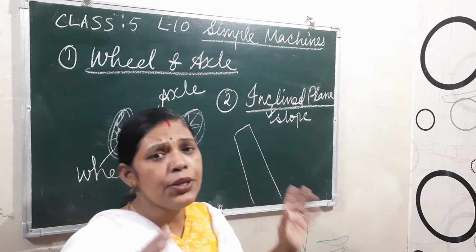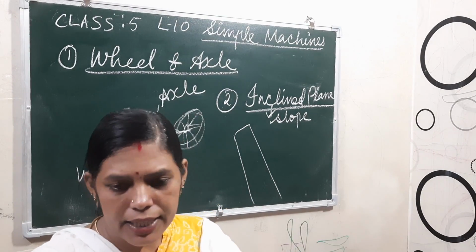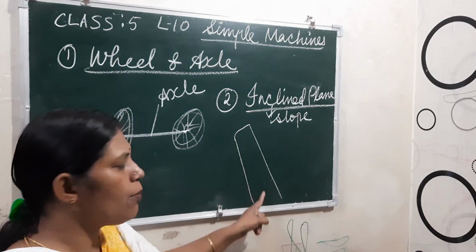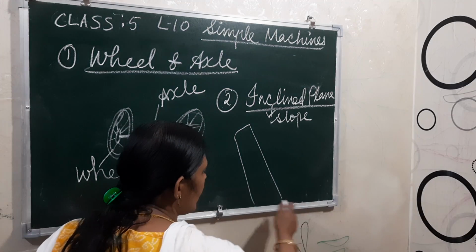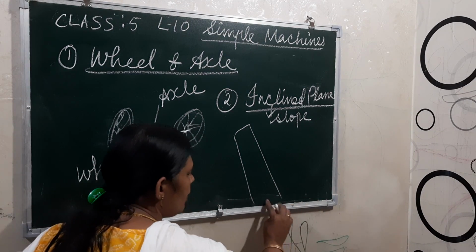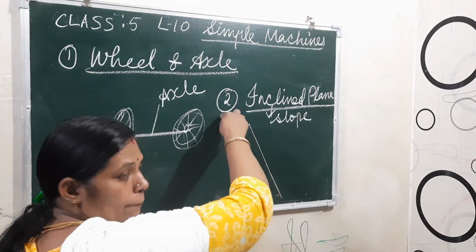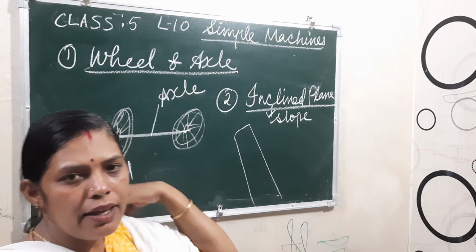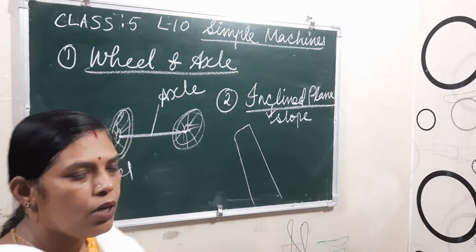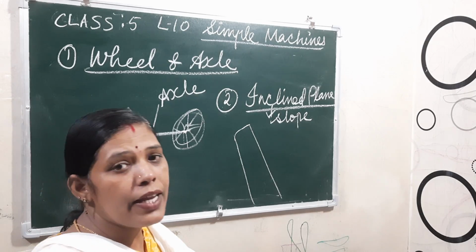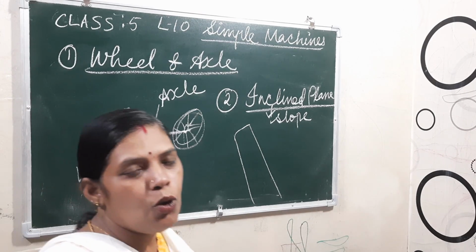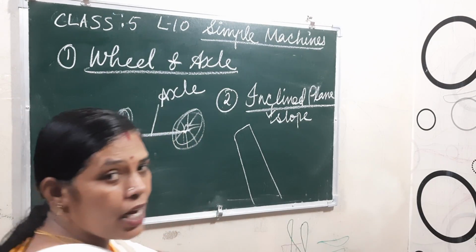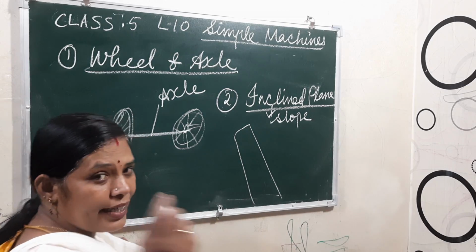At your home, near the gate, vehicles come upward with this ramp only. Here it is the road, so from here through this, it can come up. So that is helping to carry heavy weight. Another example: you go to the garden, the playground, and there in the park you can see a slide, right?